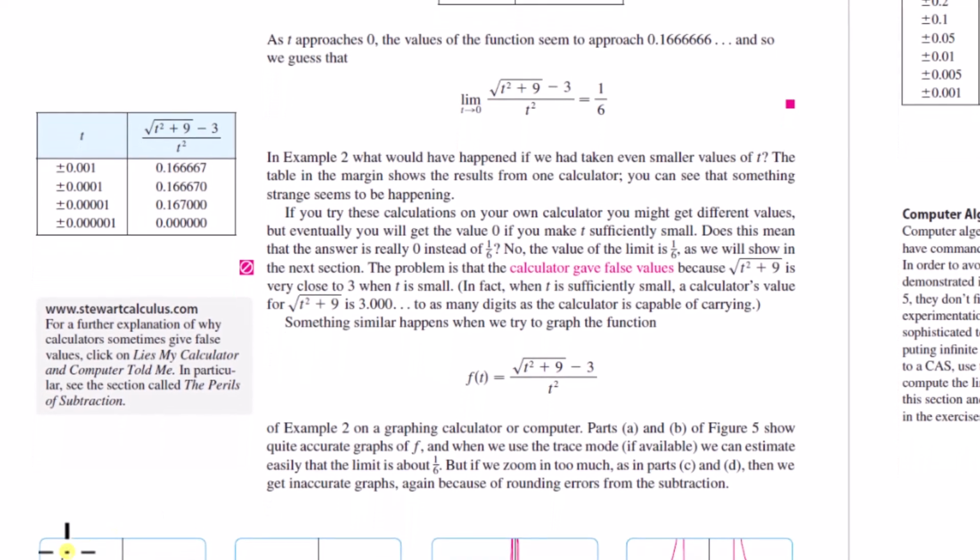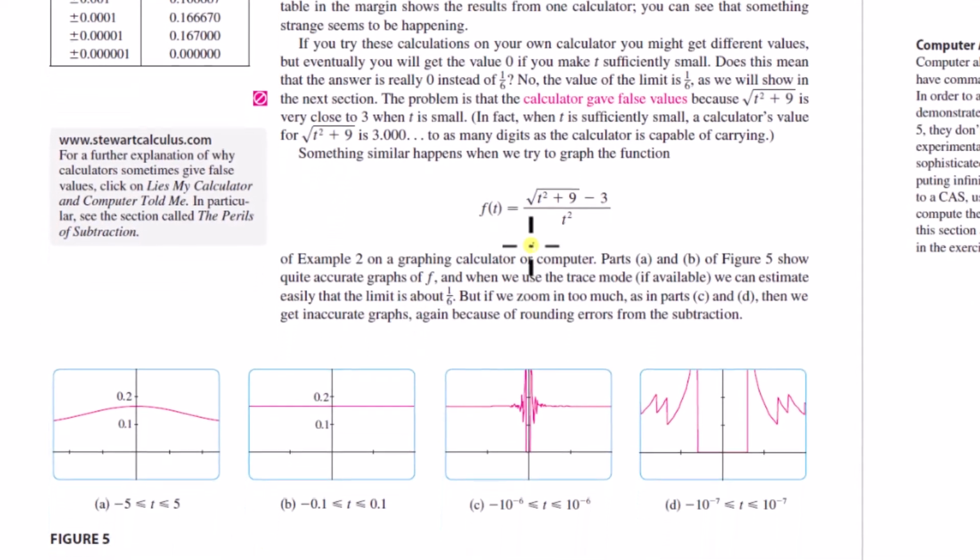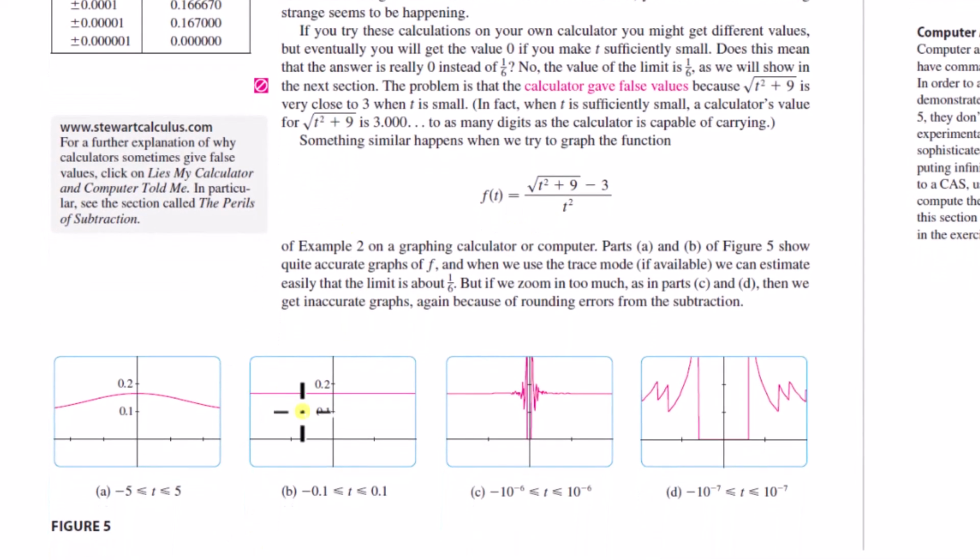Here they show the graphs of this f of t, and what they do is they zoom in closer and closer and closer, and this is what the actual graph of f of t looks like, right? So you can see how it's not like the output has to be sandwiched. From both sides, we're approaching the same value. We're approaching 1/6 from both sides, right?